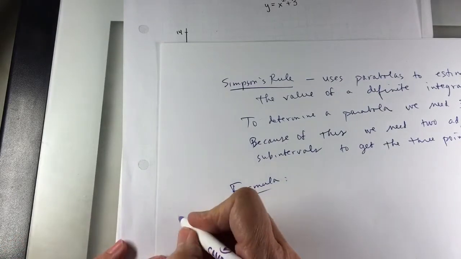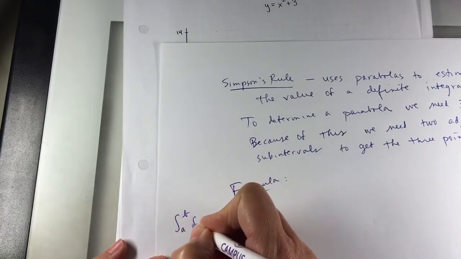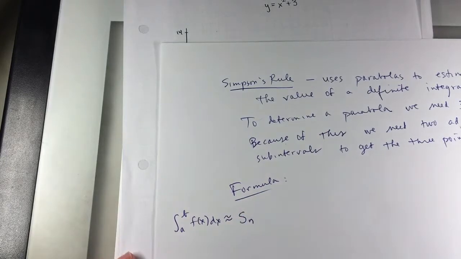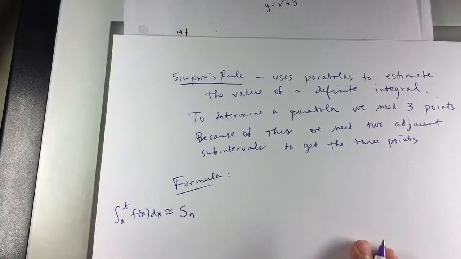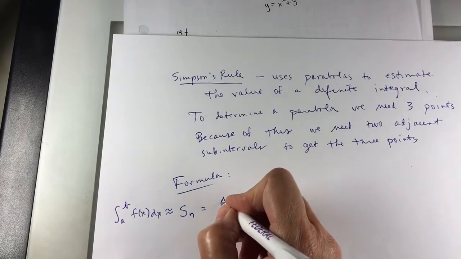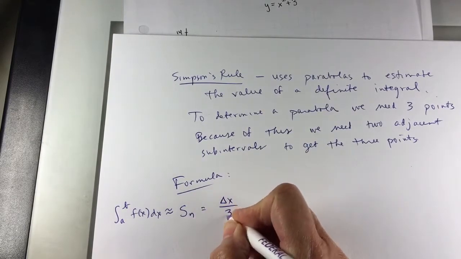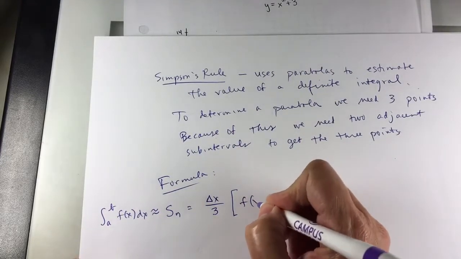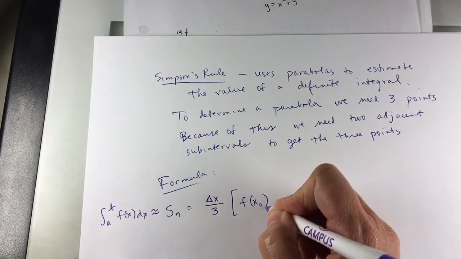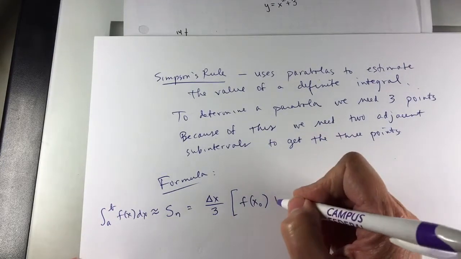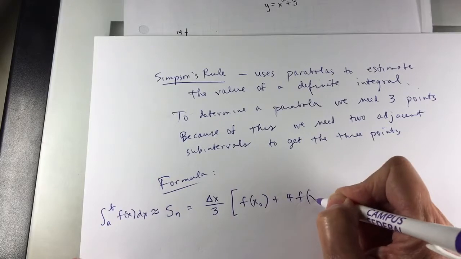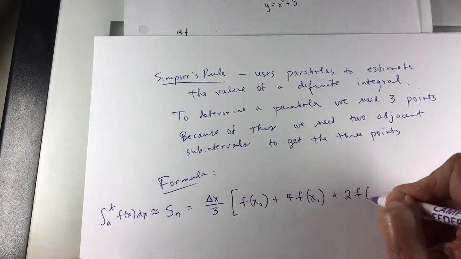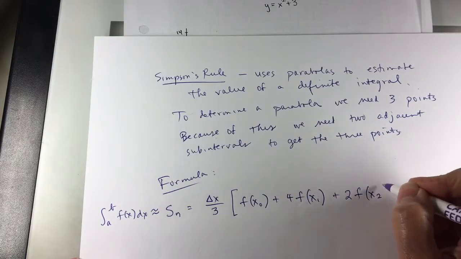The integral from a to b of f of x dx is about equal to S sub n, which will be delta x over 3, open brackets, f at the first x value, which I'll call x sub 0, plus 4 times f at the second x value, plus 2 times f at the next x value.